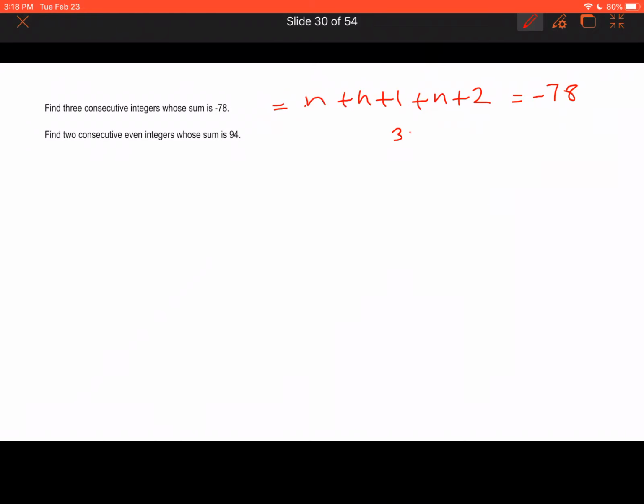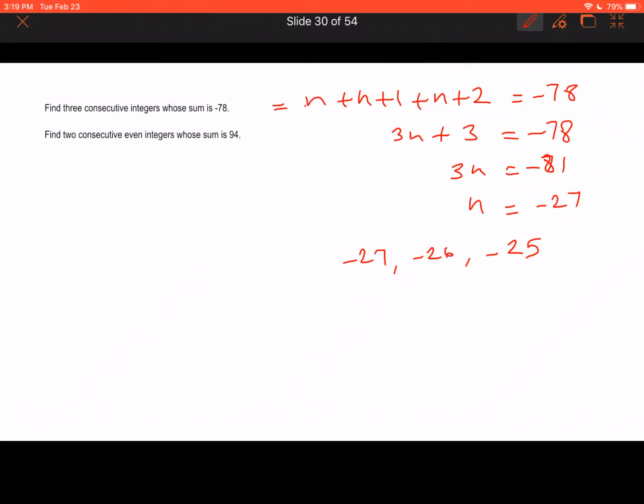So 3n plus 3 is equal to minus 78, 3n is equal to minus 81, and n is equal to minus 27. So the first number is n, that is minus 27. The second number is n plus 1, that is minus 26. The third number is n plus 2, so that is minus 25.